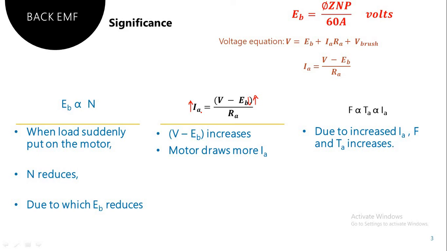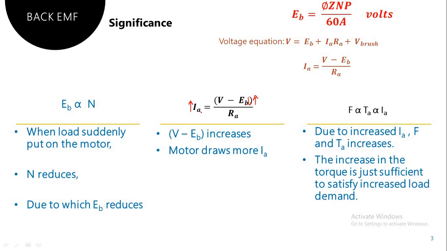It is denoted by T suffix a. So as a conclusion: when the load is suddenly put on the motor, the increase in torque is just sufficient to satisfy the increased load demand. So let us see how the torque is just sufficient to satisfy the increased load demand.